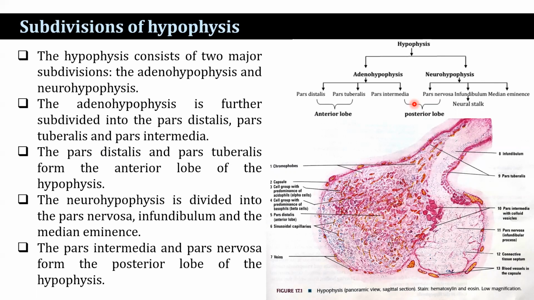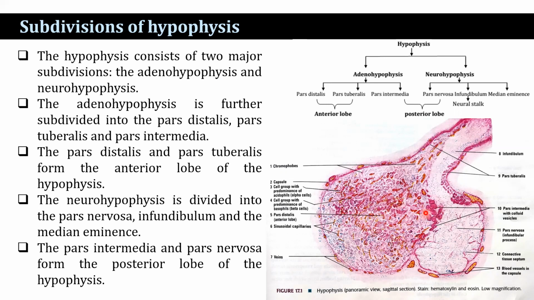Then the pars tuberalis surrounds the neural stalk region, and the pars intermedia is situated between the pars distalis and pars nervosa, and contains follicles. You see here colloid-filled cystic follicles lined with basophil cells, and it is a remnant of the embryonic structure; in humans it is a very rudimentary structure.